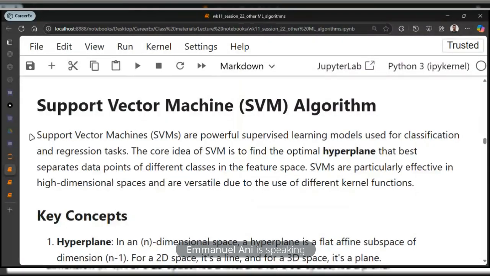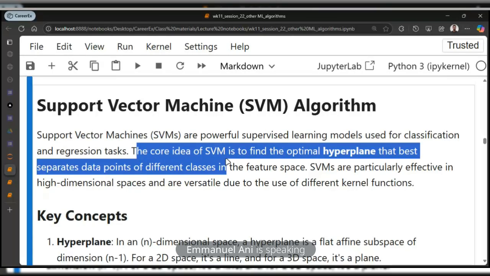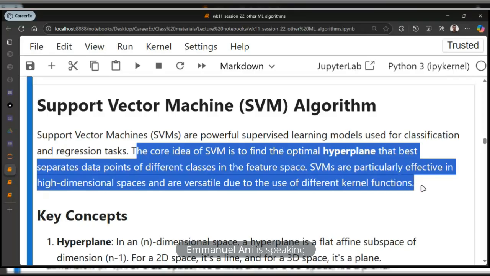Support vector machine, we also call SVM. They are powerful supervised models. Everything we are looking at today are supervised models, right? They are used for classification and regression tasks. Now, this following explanation is for the classification task, right? The task type will determine how the algorithm works.